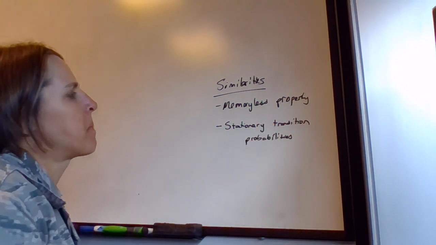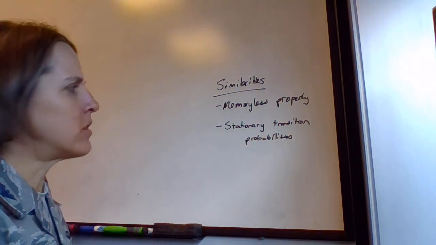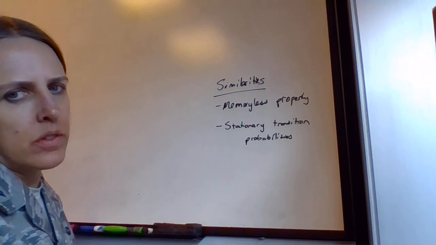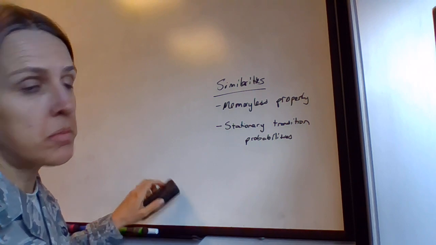In other words, you're still going to have probabilities of going from one state to another state. But you're also going to have stationary rates. We'll get to that in a second. Okay, so there are your similarities.